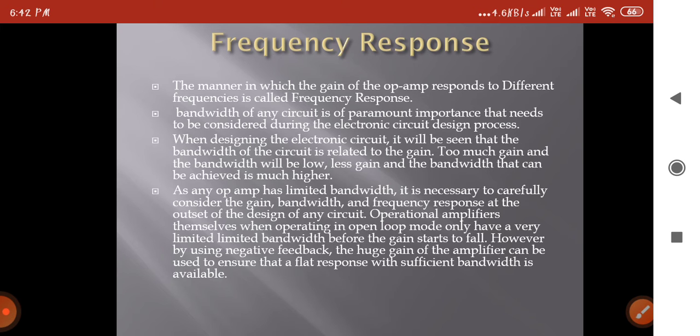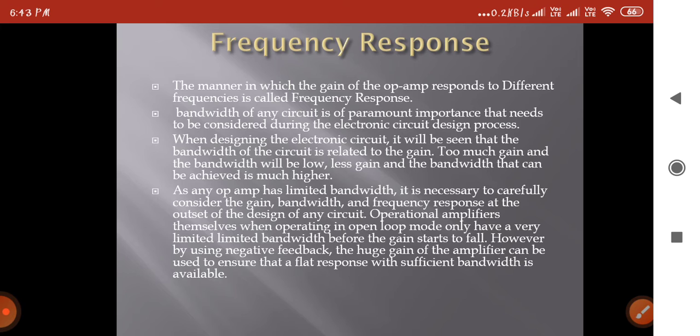Too much gain means the bandwidth will be less. I have already told you they are inversely proportional. With less gain, a much higher bandwidth can be achieved.